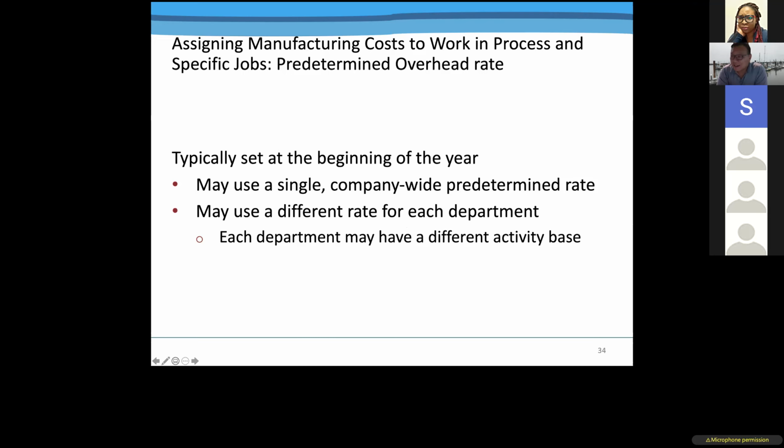What is the cost driver for that department? If they have a different cost driver, they are going to use a different rate. So it doesn't have to be one rate for the entire company. It could be, but there are also other options, depending on each department.